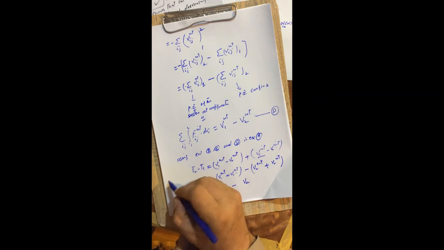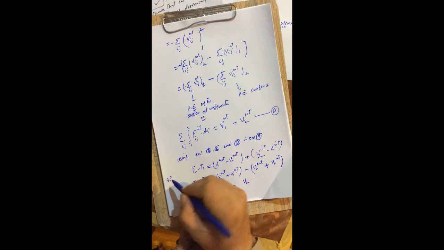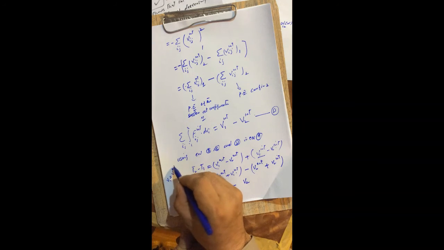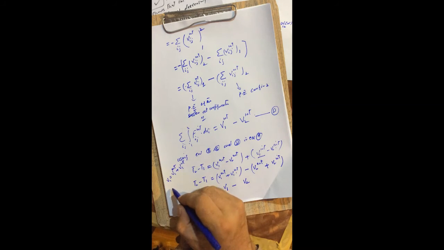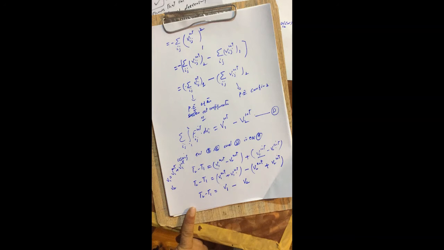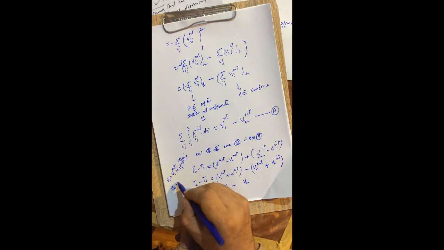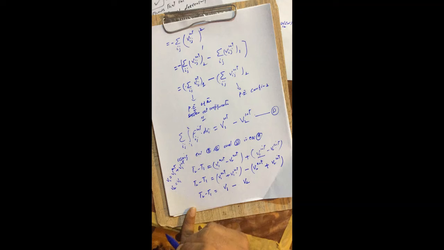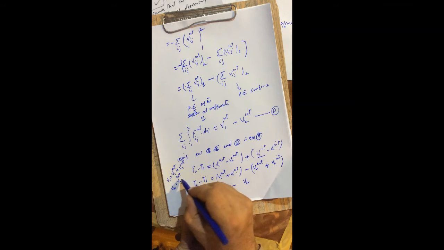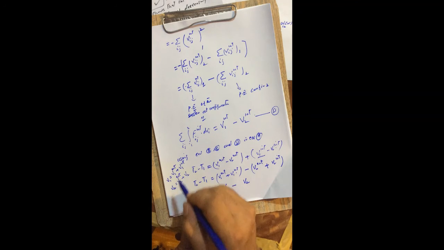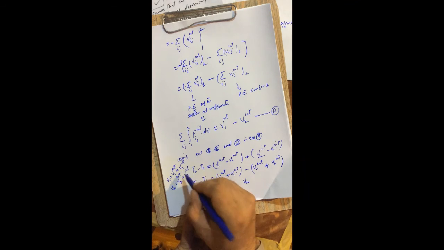So potential energy at configuration 1 is basically equal to potential energy at configuration 1 due to external forces plus potential energy at configuration 1 due to internal forces. Similarly, total potential energy at configuration 2 is equal to potential energy at configuration 2 due to external forces plus potential energy at configuration 2 due to internal forces.